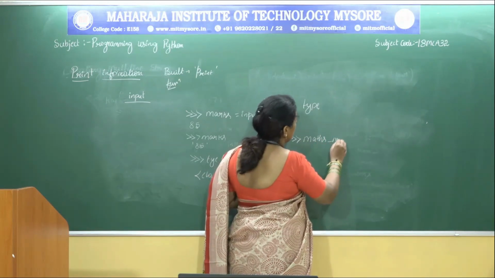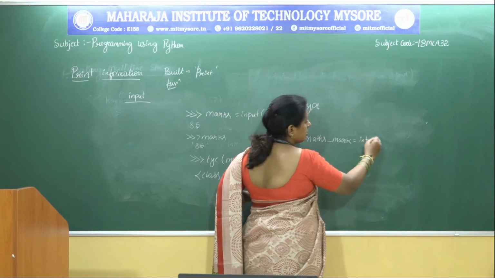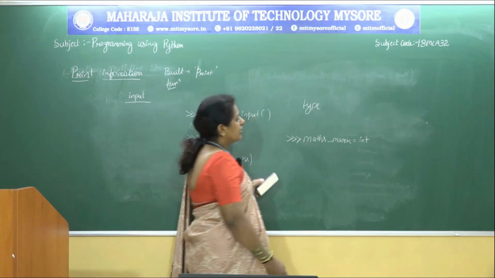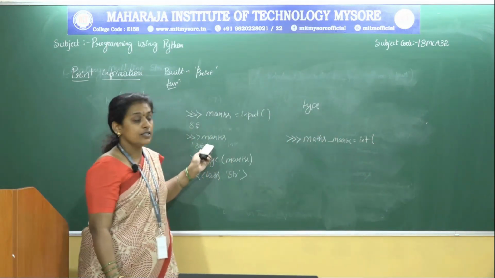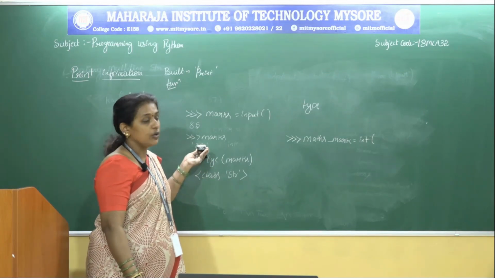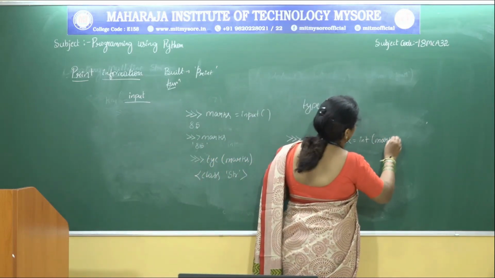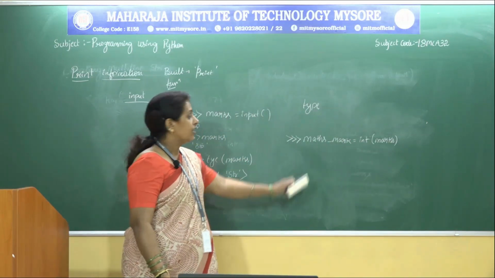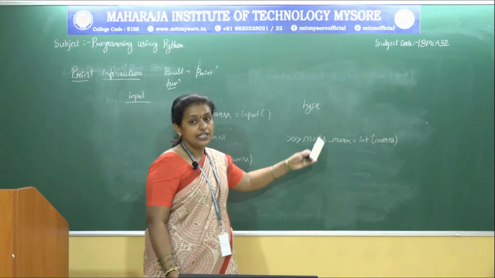So maths_mark equals int of marks. The built-in function int is used, and the variable marks, which contains a string that looks like an integer value, is passed. When this statement gets executed, the marks value will be converted to the integer type.